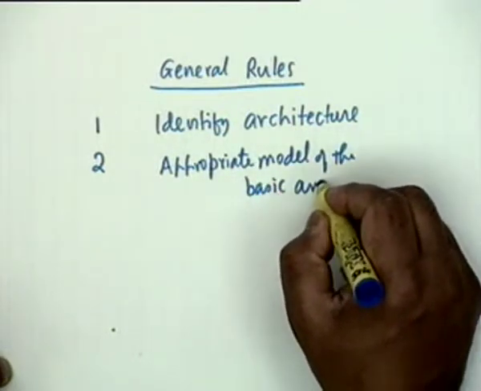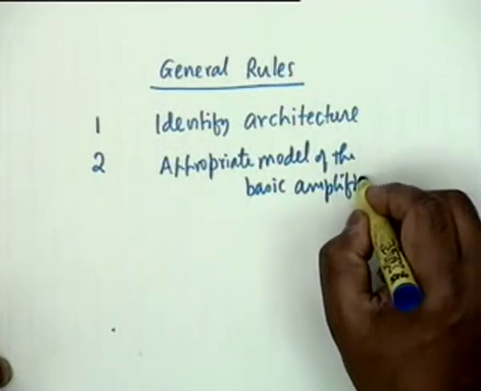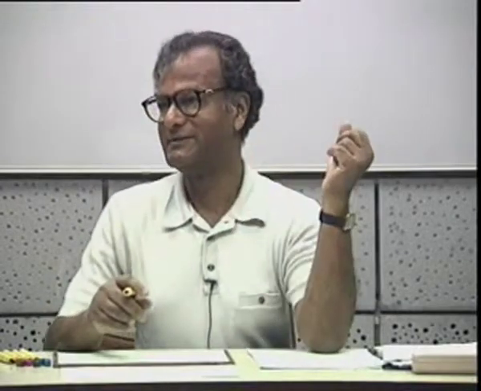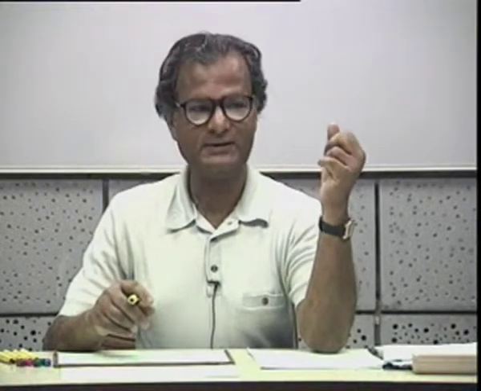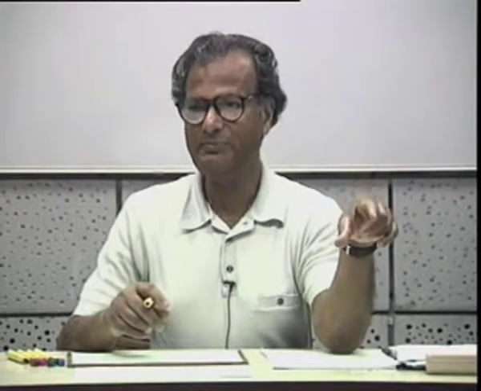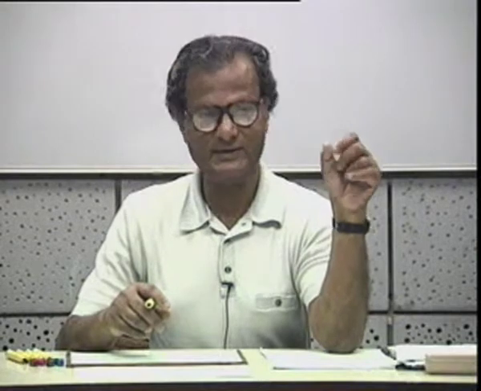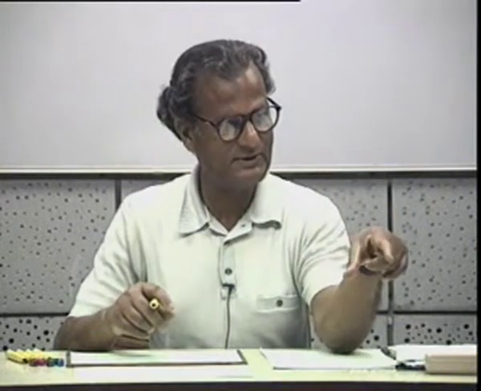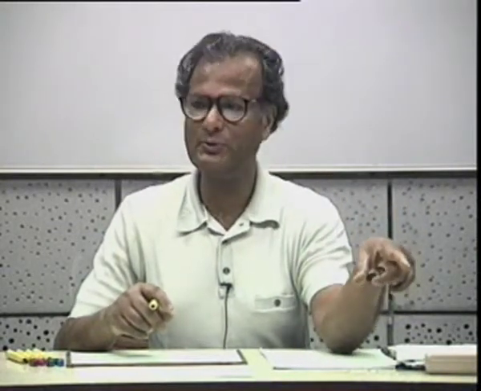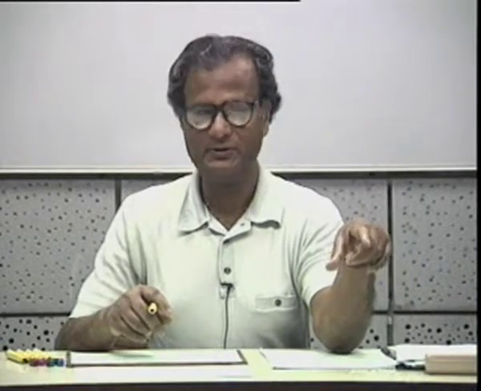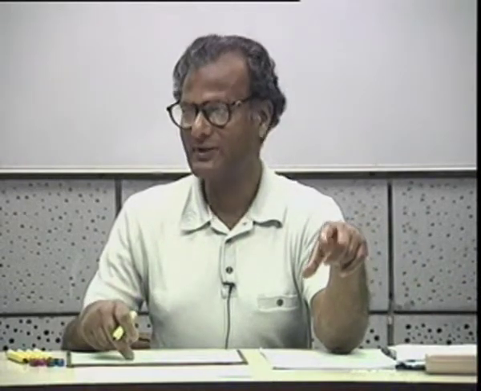Let me explain what I mean by this. Suppose it is a series configuration. Series means the feedback quantity is a voltage, isn't that right? So the input is a series comparison, which means voltages are being compared, so the input of the basic amplifier should be a voltage.